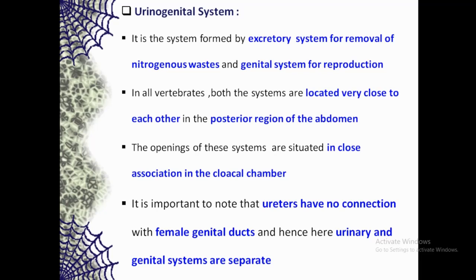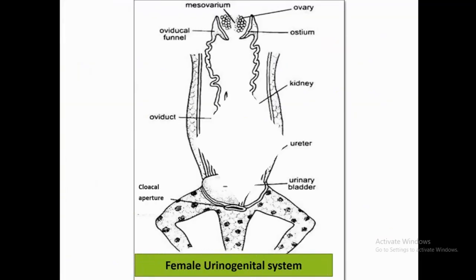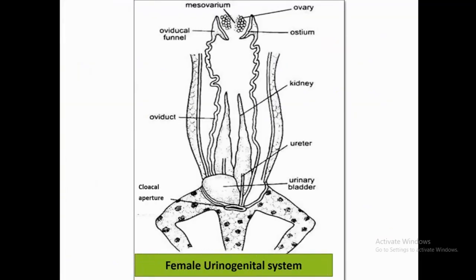It is important to note that the ureters have no connection with the female genital ducts, and hence in case of vertebrate females, the urinary and the genital systems remain completely separate from each other. It is the system of excretion as well as reproduction in case of female Calotes versicolor.